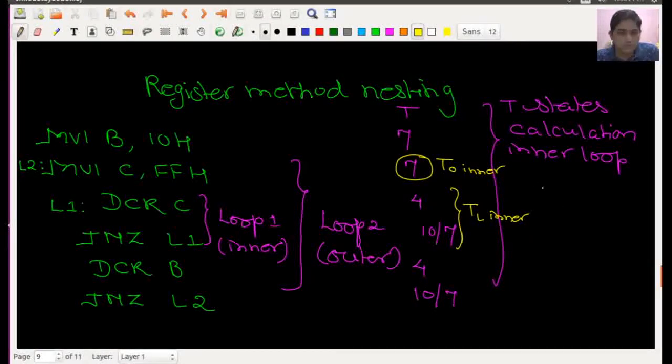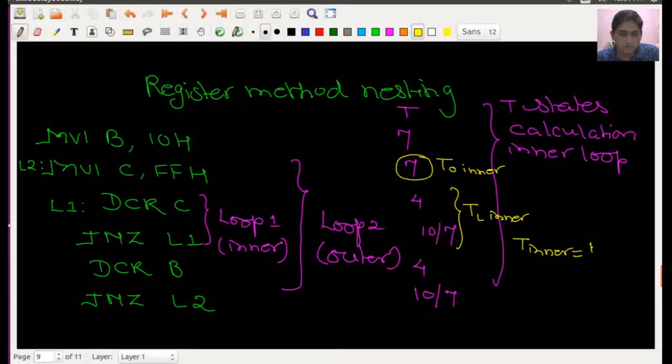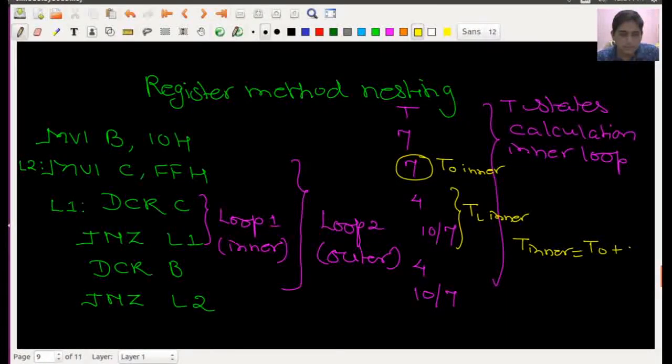So we can say that the total T states consumed by the inner loop is the combination of T naught plus TL, for the inner loop. So it will take a total of 7 plus the same calculation here, where we use two brackets. It will run till 14 T states.